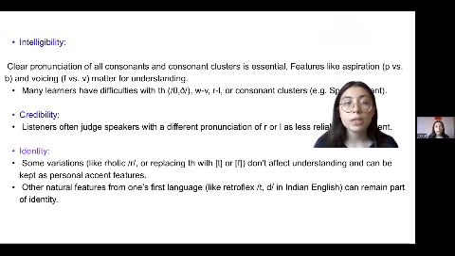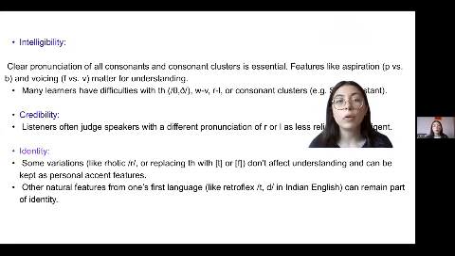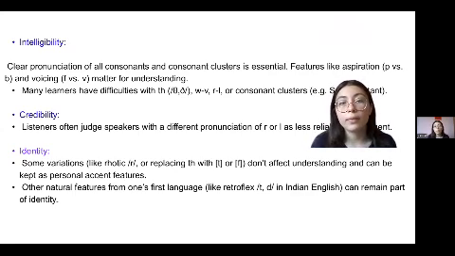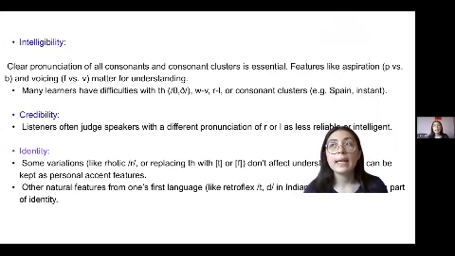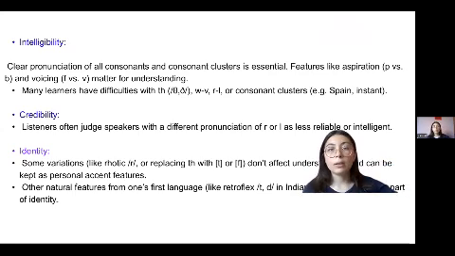Features like aspiration, p, and voicing versus v matter for understanding. And many learners have difficulties with some consonant clusters like Spain. They're saying Espain because it looks like España in Spanish.